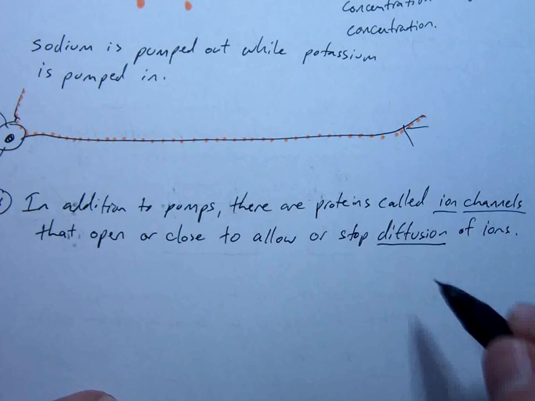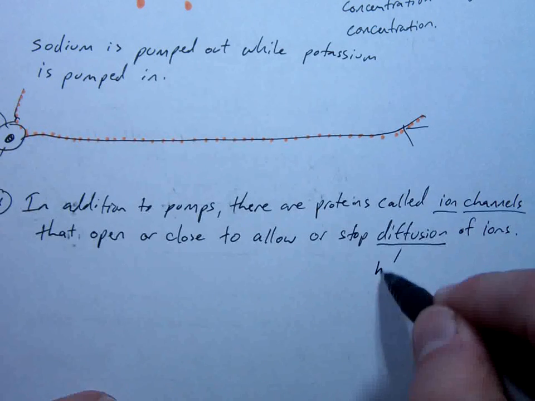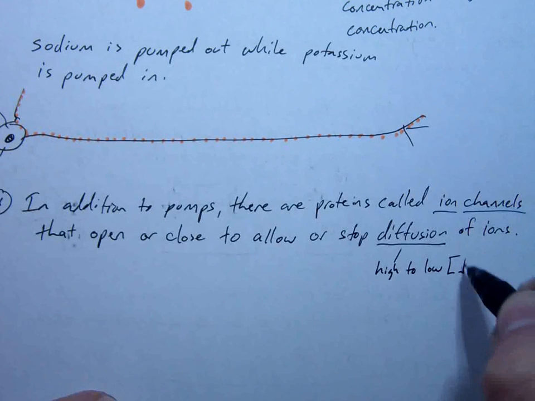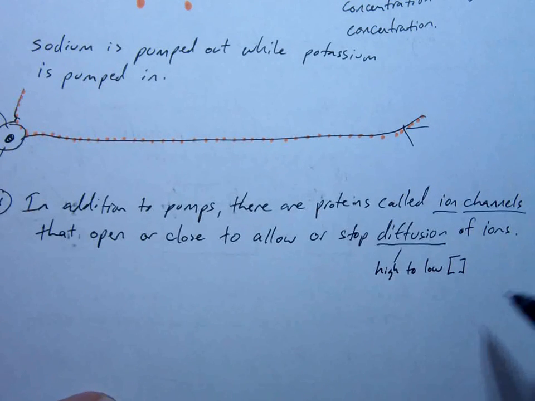This is always going to be from high to low concentration. Concentration is sometimes illustrated by brackets. Okay?